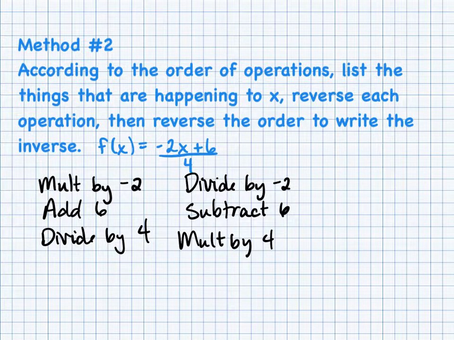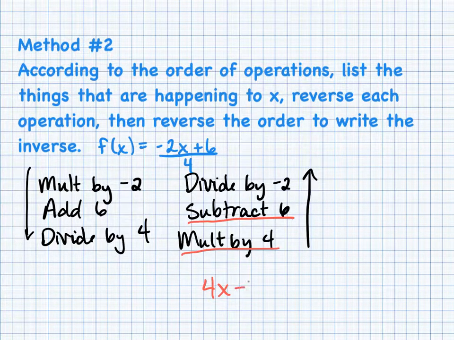This was the original order, we're going to go from bottom to top. So for our inverse, we start with our x. The first thing we do is multiply by 4. So 4x. We subtract 6, minus 6, and then divide by negative 2.